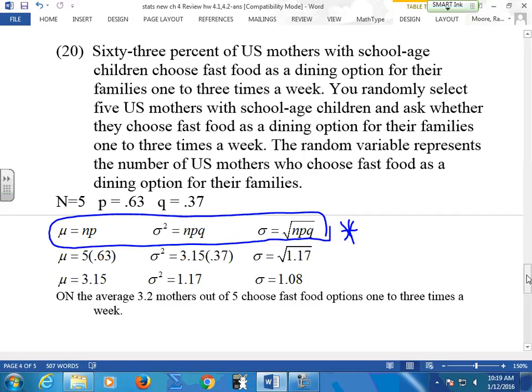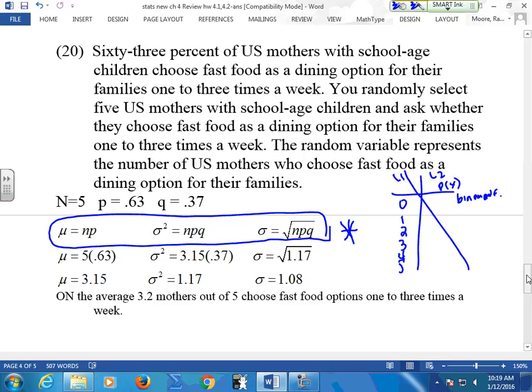You could also have set up a table if you wanted to, and did your binomial PDF, set up this table, and then did this L1, L2. That would work too. But you got to find your binomial PDF for each one of these. Once you set up your probability, you can put this in your L1, L2. They only asked you for 5. If they asked you for 50, you definitely don't want to do this route. You just want to use those formulas.